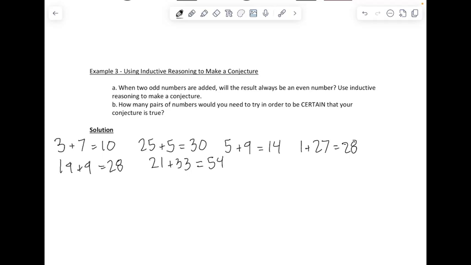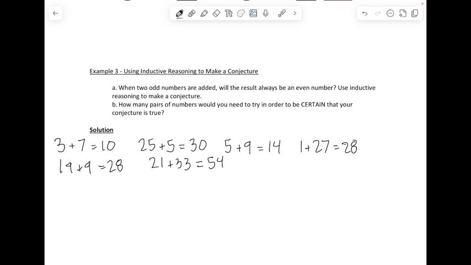Well, this is kind of a trick question, because to prove the conjecture is true, we would actually have to try every single possible way of adding two odd numbers. And it's just not possible to do that because there's an infinite number of numbers, right? There's no way we could try every possible scenario because numbers are infinite.